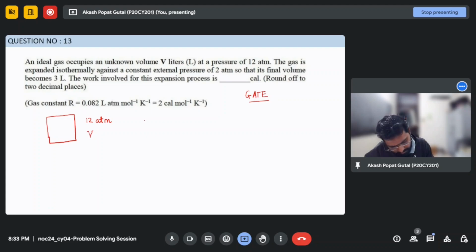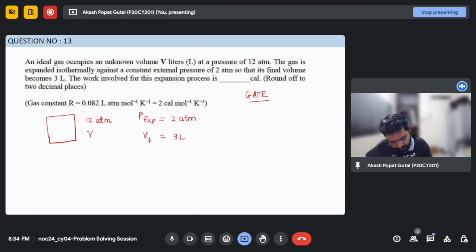The external pressure that we have is 2 atm, and the final volume that we get is 3 liters. The work involved in the expansion process is in calorie.